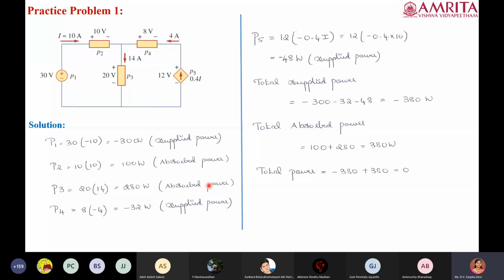Always the law of conservation of energy will be maintained in a circuit. Either we can check it in terms of supplied and absorbed power, or simply sum up all the powers from P1 to P5, which gives a total power of 0. Always this is balanced in a circuit. Never ever will you get a total power greater than or less than 0. It will always be equal to 0.